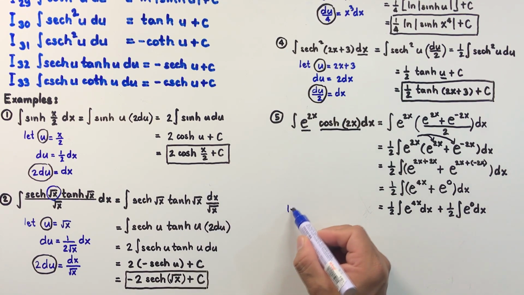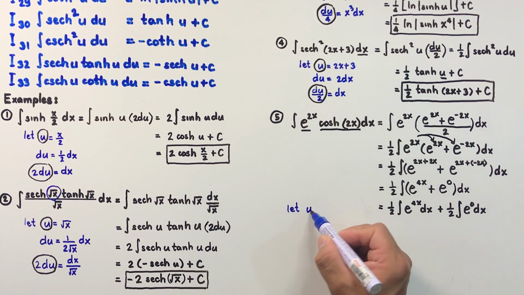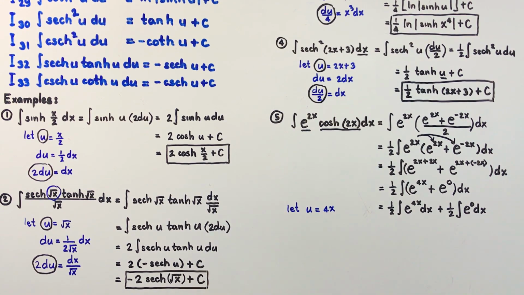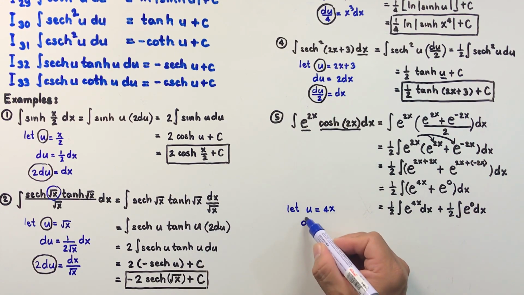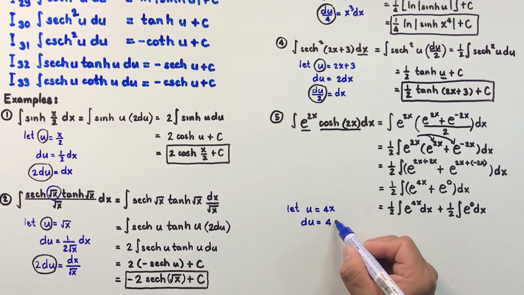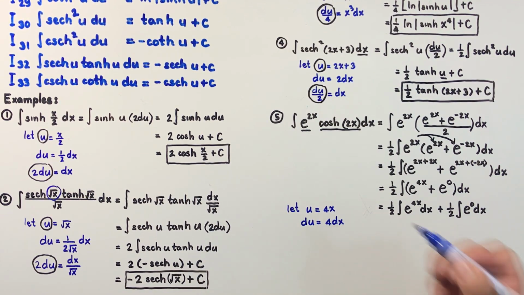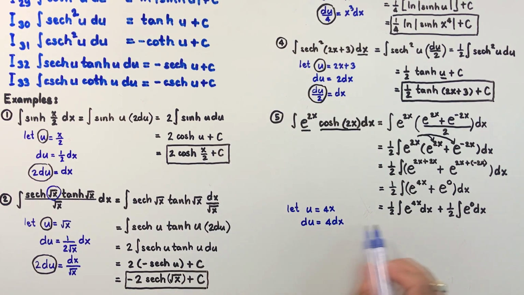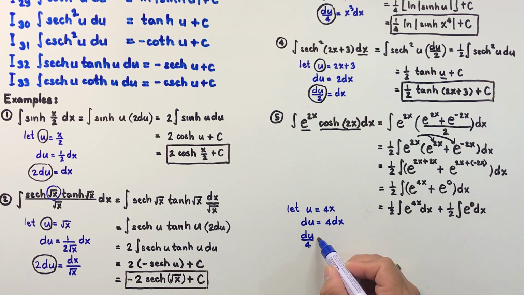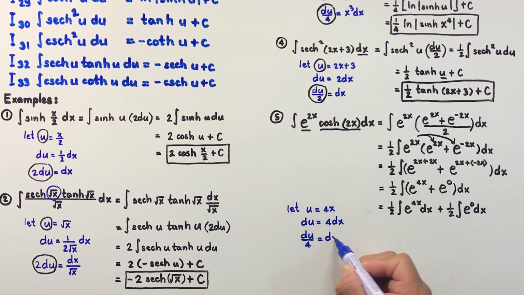And if we let our exponent be equal to u, which is 4x, we notice that differential of 4x is 4 dx. But we don't have a 4 in this integrand here, so we need to eliminate 4 by dividing both sides of the equation by 4.